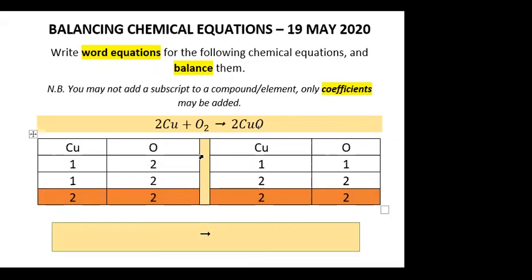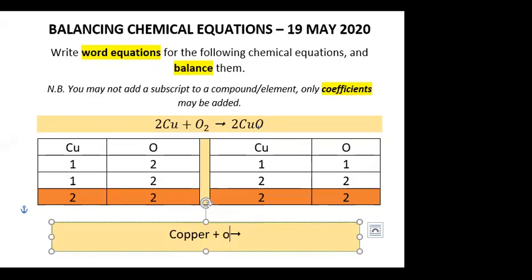Okay, but just say, we don't always need to have the same amount of, like, if there's 2 copper here, there don't need to be 2 oxygen on the other side, right? But if there's 2 coppers in the reactants, there needs to be 2 copper in the products. Let's write a word equation for this reaction. So you guys already gave it to me before.